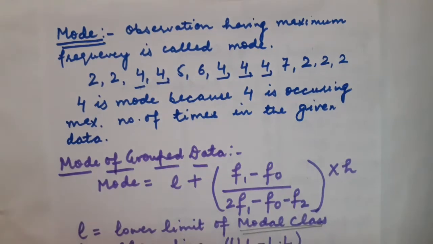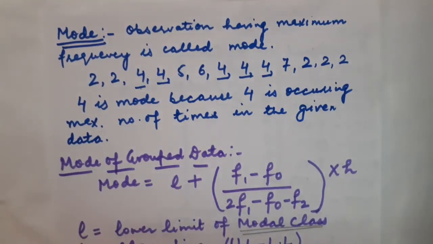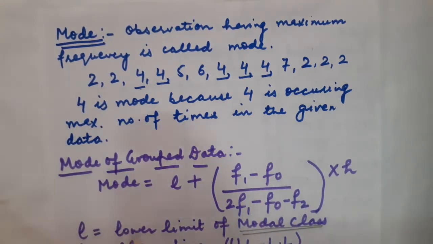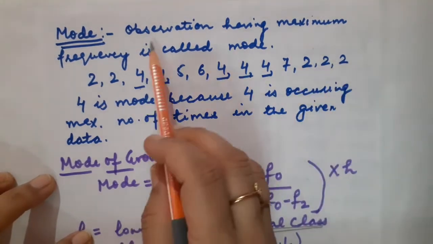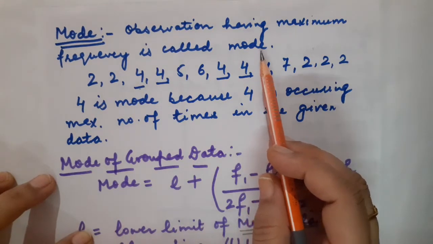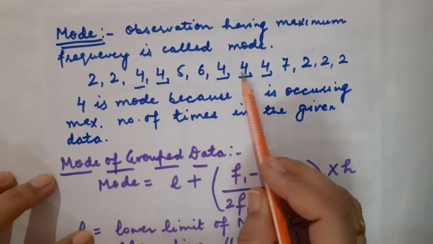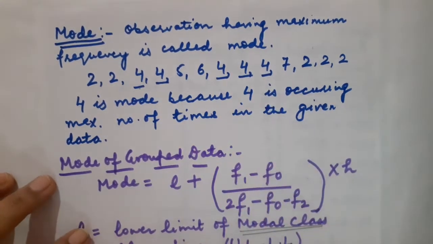Now children, our next central tendency is mode. You know how to calculate mode. If the data is ungrouped, there will be complete data given to you. Then the observation which is occurring maximum number of times, that will give you mode. Here you can see that 4 is occurring maximum number of times comparatively with other numbers.